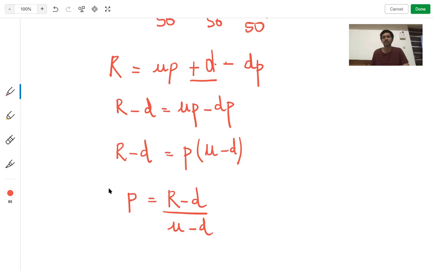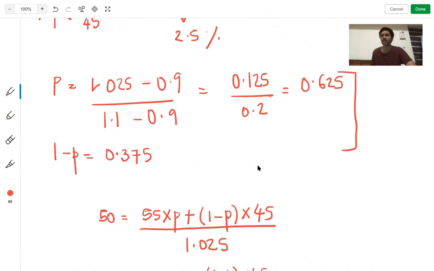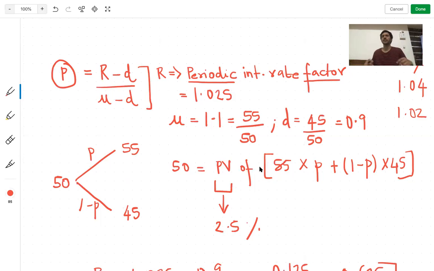So this is how that formula has been derived. The formula has been derived from the equation above. So obviously both have to give you the same answers, just that P is equal to R minus D divided by U minus D is a ready-made formula which you can straight away apply.